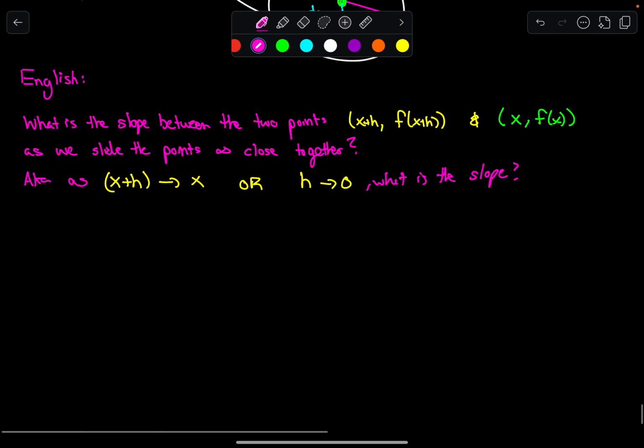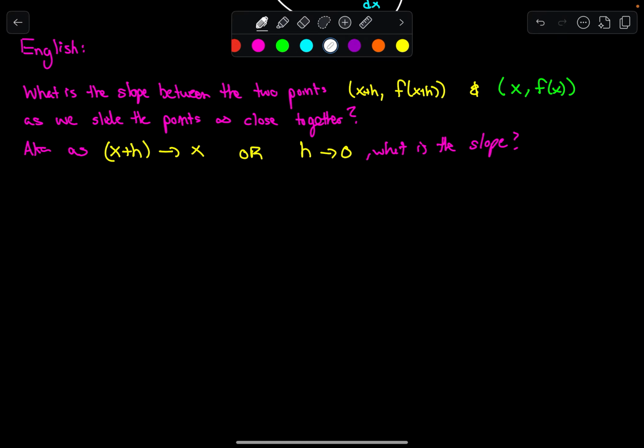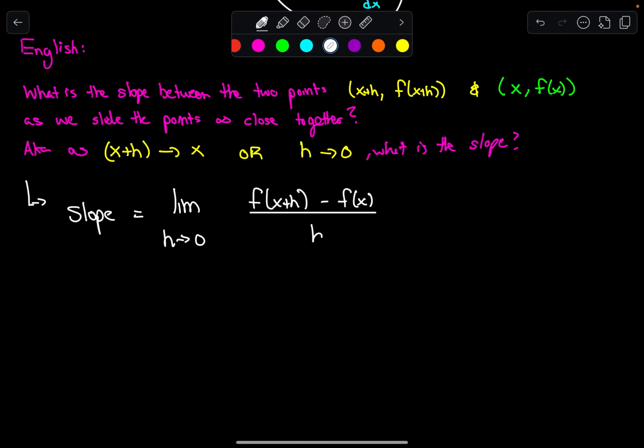And so this manifests itself in the following way. We're going to say that our answer for slope is going to equal the limit as h approaches 0 of f of x plus h minus f of x, over h.